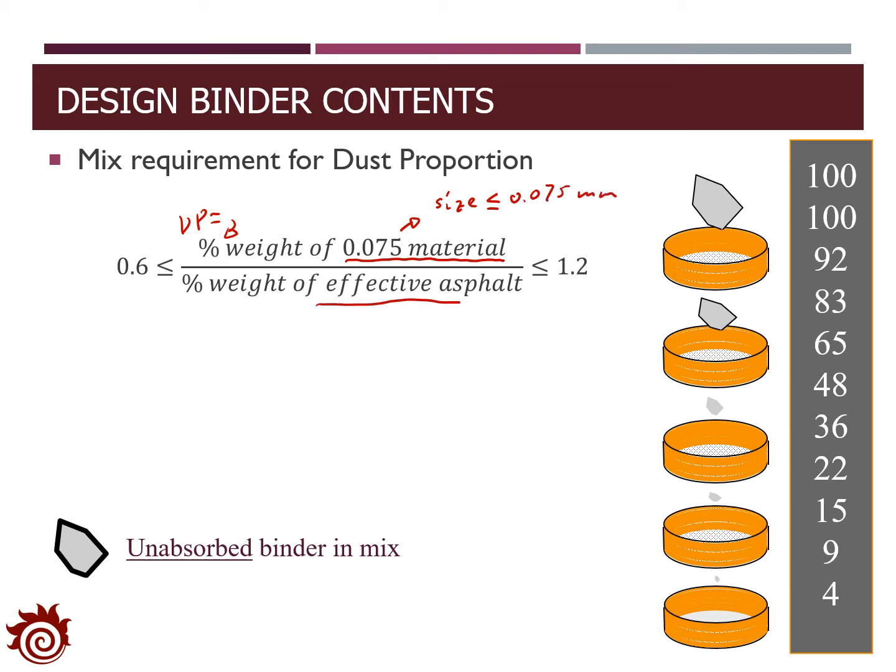And for the effective asphalt, it represents the asphalt on the surface of the aggregate, or it could represent the unabsorbed binder in the mix. For the requirement of dust proportion, we want the value to be set between 0.6 and 1.4.